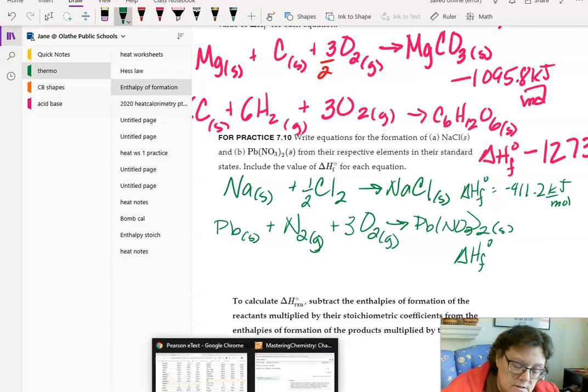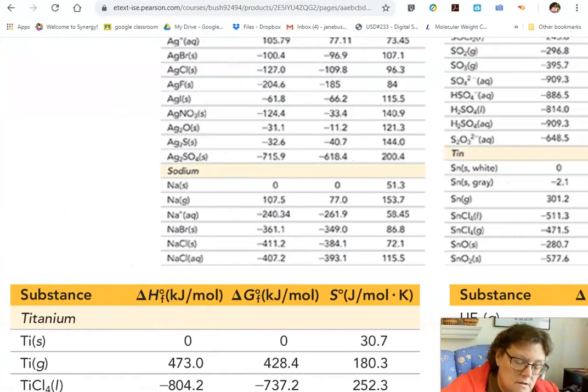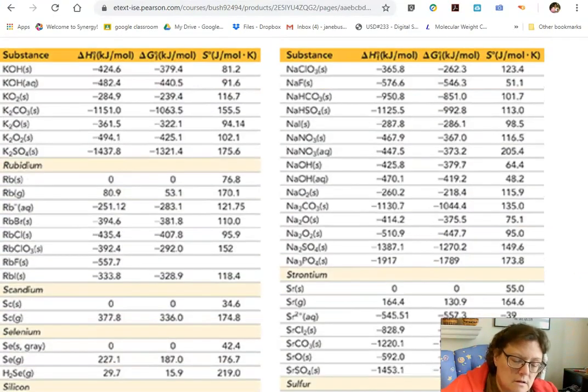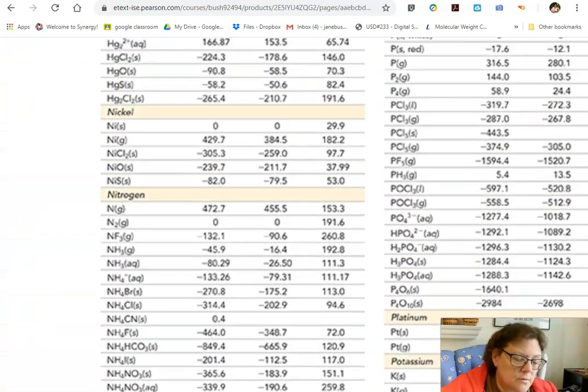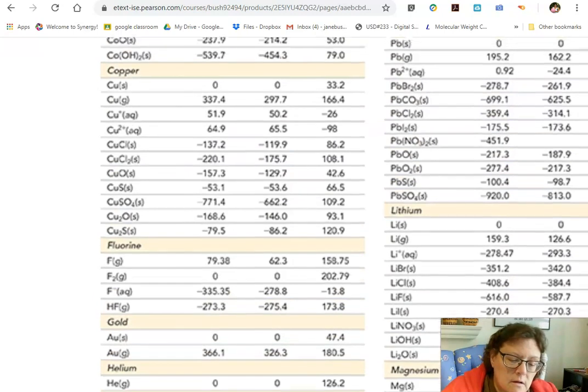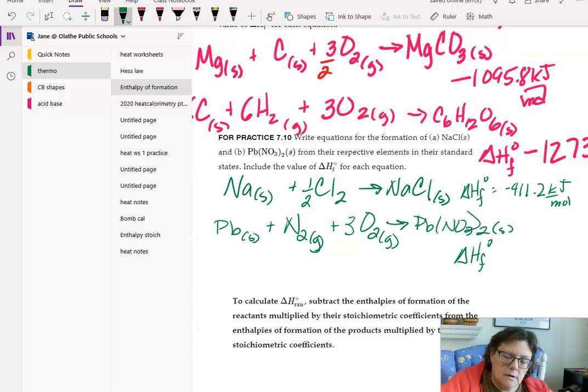Lead nitrate. Lead starts with an L. It's right here. Negative 451.9 kilojoules per mole. Okay?